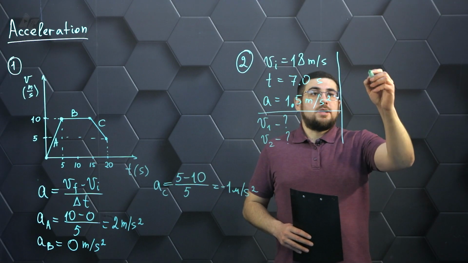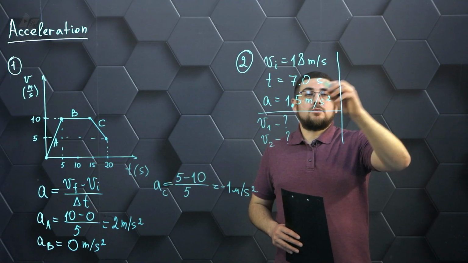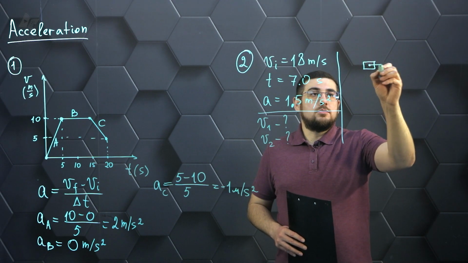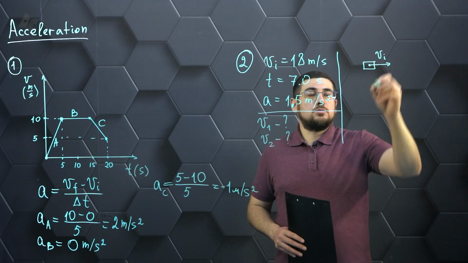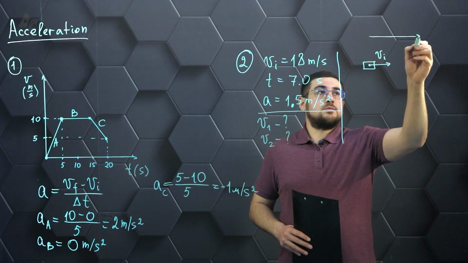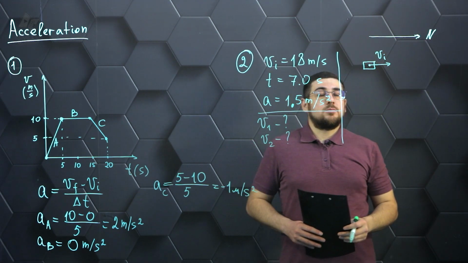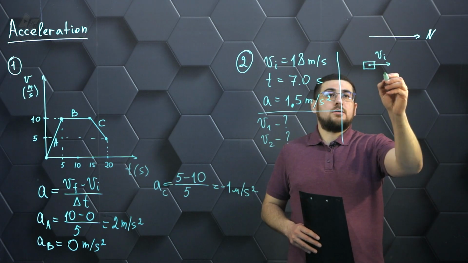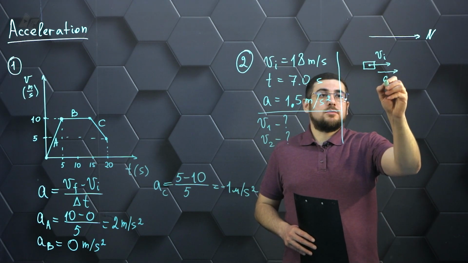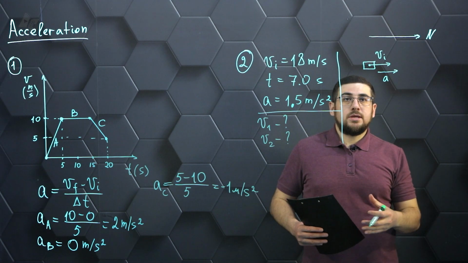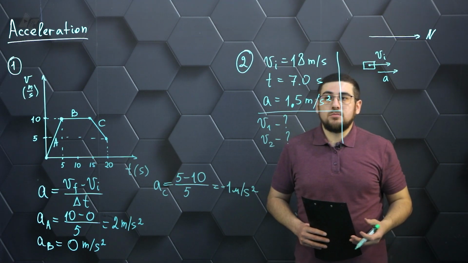In the figure, let's show what the motion would look like for the first case, where the car was traveling at some initial velocity to the north. That is, we can show there that that direction is north and the acceleration is also pointing north. When the direction of acceleration matches the direction of velocity, we refer to this motion as equiaccelerated.